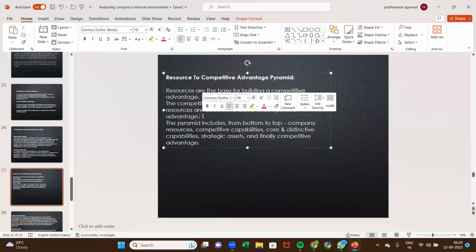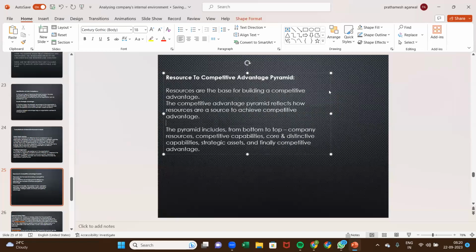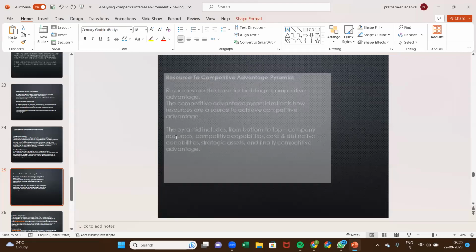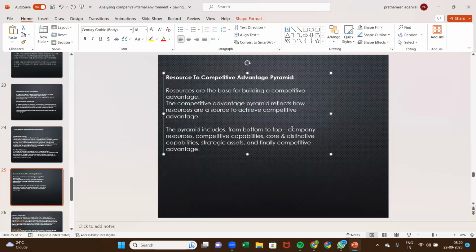I could not draw the pyramid, but anyway, the pyramid includes, from bottom to top, company resources, competitive capabilities, and core and distinctive capabilities.